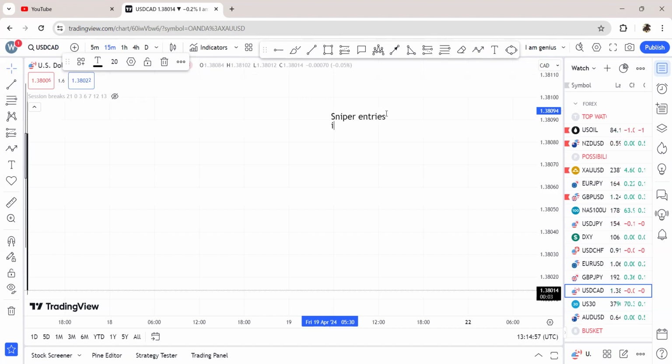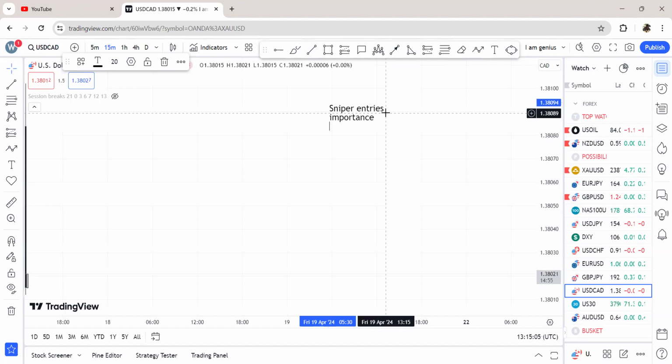We've also talked about the importance of these sniper entries. Remember, sniper entries are important because they give you a better risk to reward. I showed that in the onset, the example that I gave. So sniper entries give you a better risk to reward.